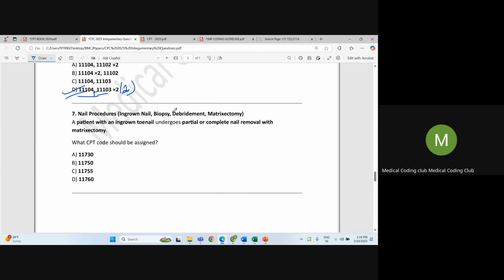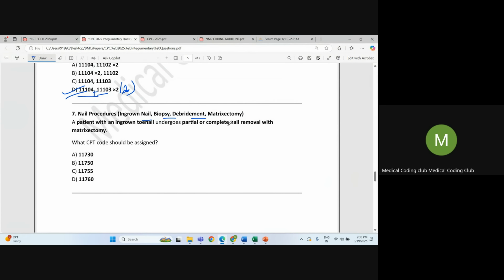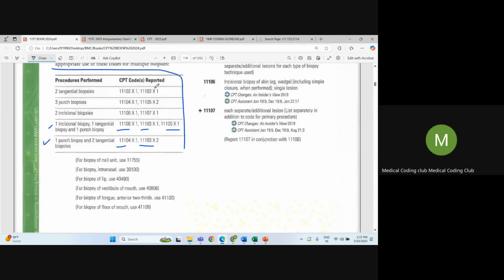Next, nail procedure: ingrown nail biopsy, debridement, and ectomy procedure they have performed. A patient with an ingrown toenail undergoes partial or complete nail removal with matrixectomy. So they have removed the nail matrix. When we are discussing nail procedures, you should also be aware of the modifiers.